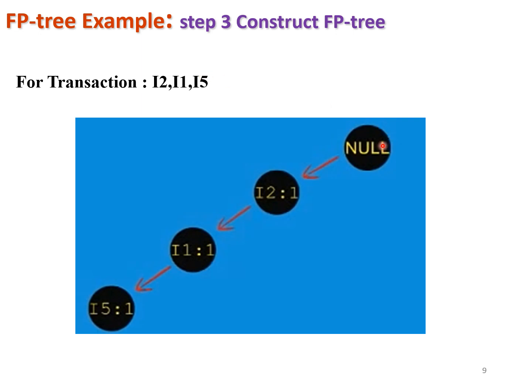So from null, in order to get to I5, we'll have to go to I2 once, I1 once, and I5 once. Why do we have a frequency of 1 here? Because in this transaction, we only have I2 appearing once. If there is another I2 element here, then it will be I2, 2.